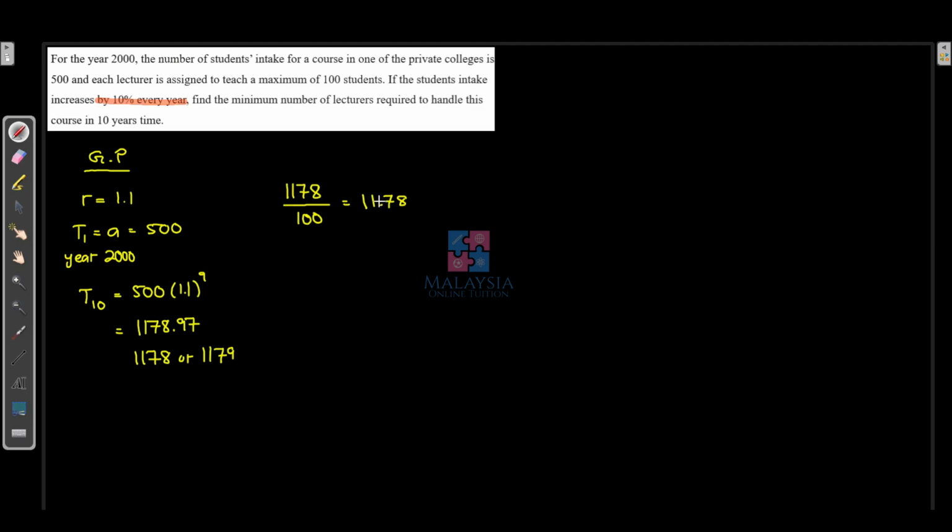So we want something greater than 11.78, because one of the lecturers is not going to be teaching 100 students; he or she is going to be teaching 78 or 79 students only. So the answer is 12 lecturers, the minimum number. This is the final answer for question number 3.